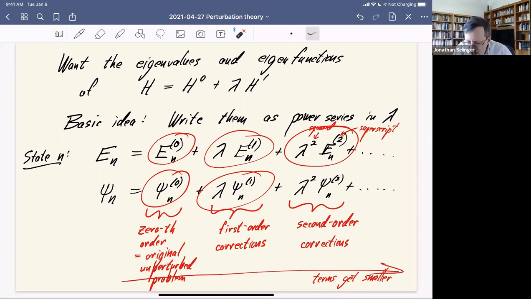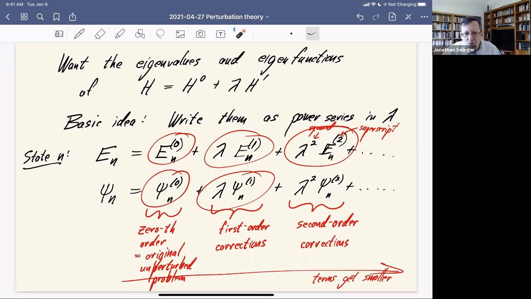Now, the easy term is the first order change in the energy eigenvalues. That's the one that you should really remember. The other equations are a lot messier, and you can maybe look them up when you need to use them.